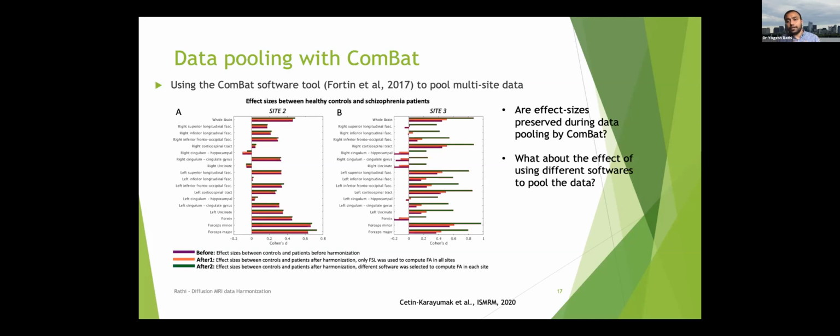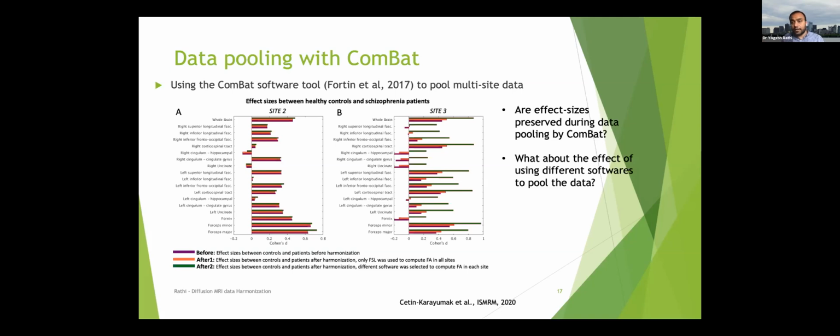Let's say you would do this study by saying, I want to calculate the difference between males and females for a particular variable. And I calculate, okay, maybe whatever it is, FA is different in the SLF. You calculate the effect and store that. Now I have another site on which a similar age group was acquired, let's say Brigham and Women's Hospital.